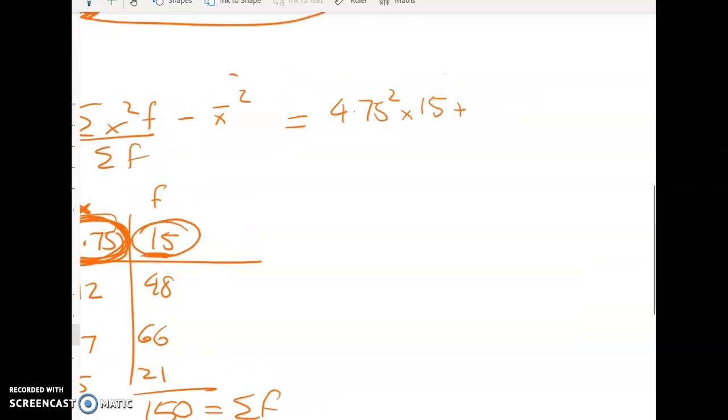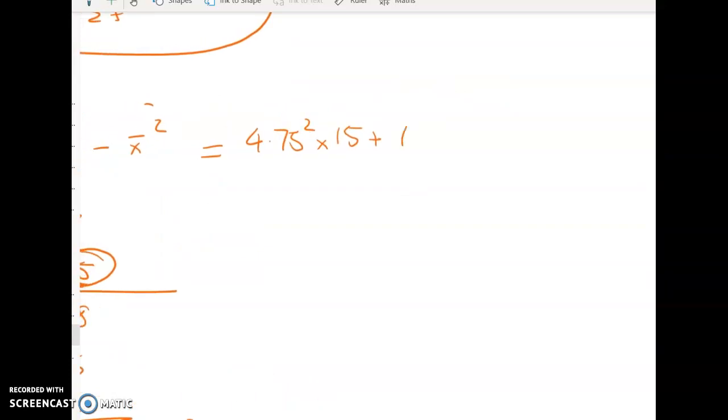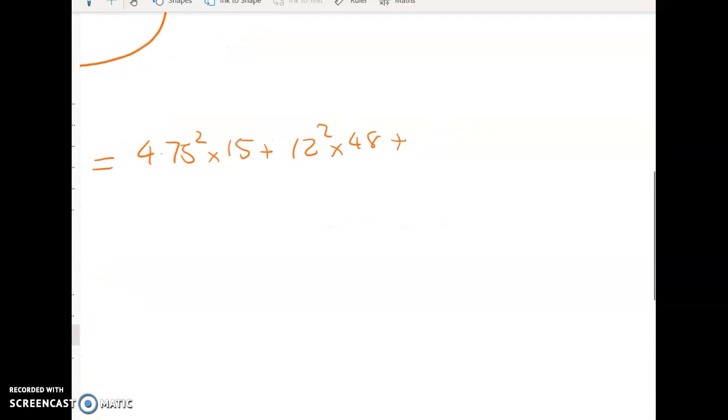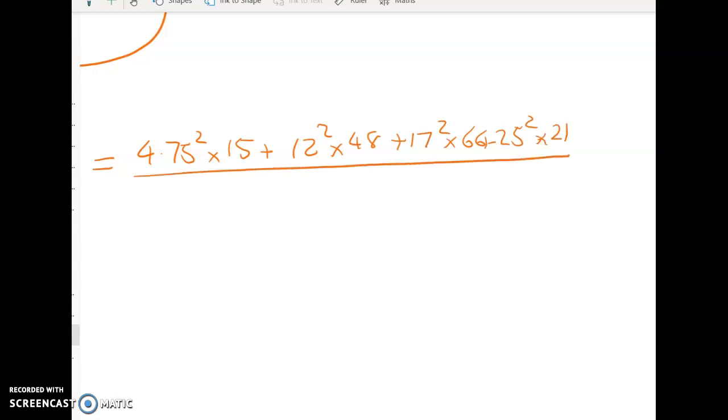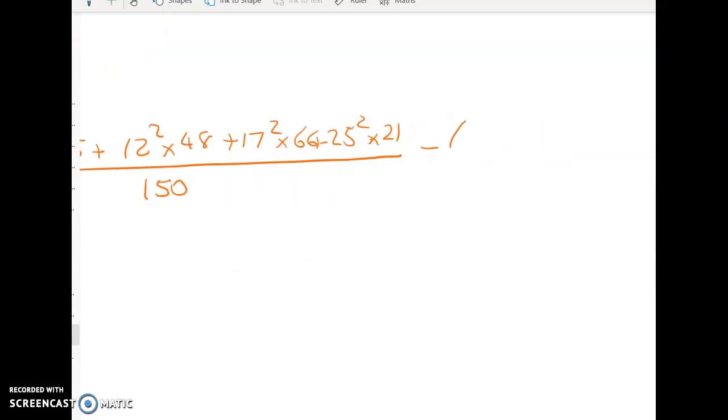So we're going to get this plus 12 squared times 48 plus 17 squared times 66 plus 25 squared times 21. So that's the top line of that first term divided by 150 for the denominator, and then I need to subtract off the mean squared.